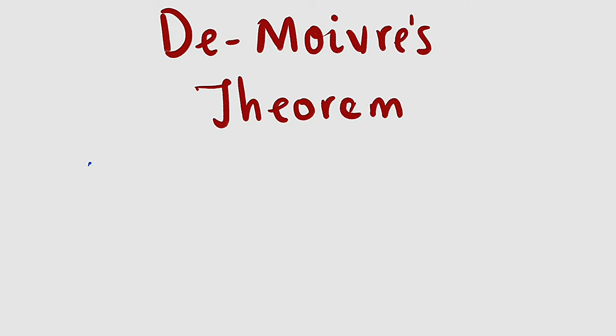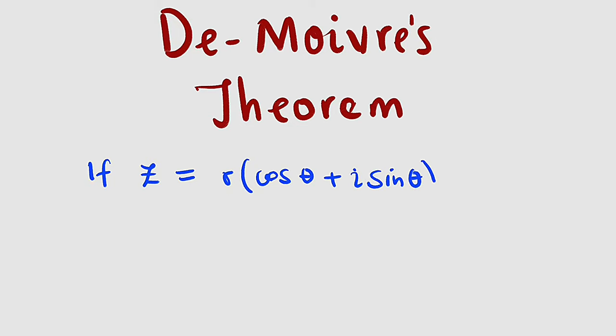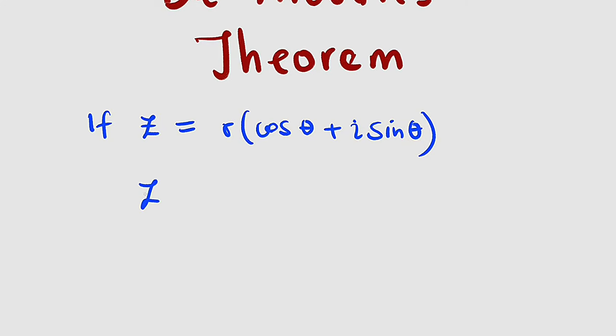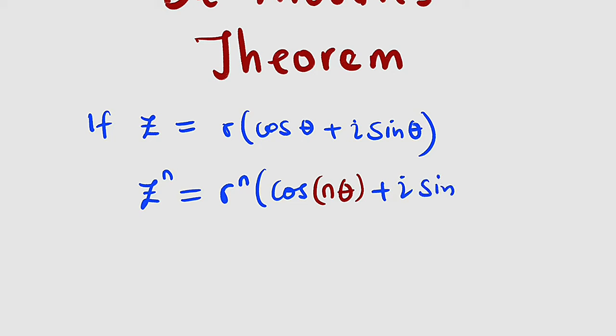it works. Alright, the Moivre theorem states that for a given complex number z, which is written in polar form, r multiplied by cosine of theta plus i sine of theta, z to the power of n, for which n is an integer, is the same thing as r raised to the power of n, multiplied by cosine of n multiplied by the angle, plus i sine of that same n multiplied by the angle.